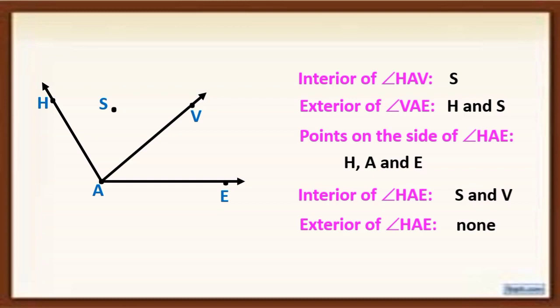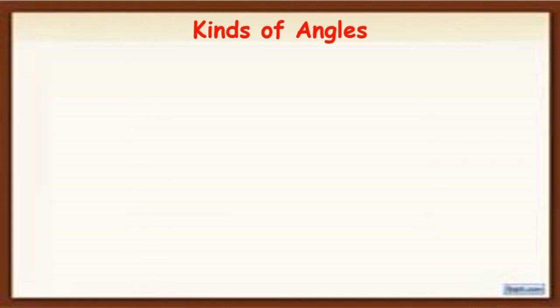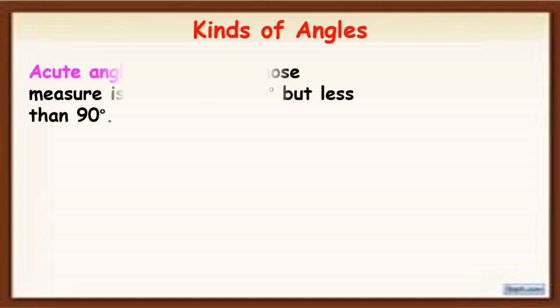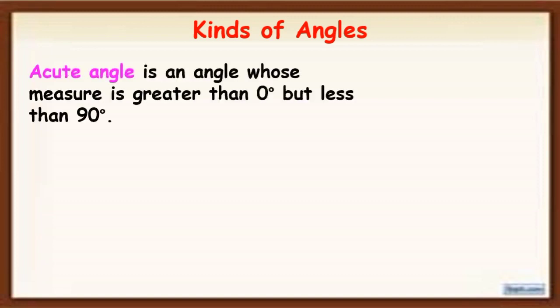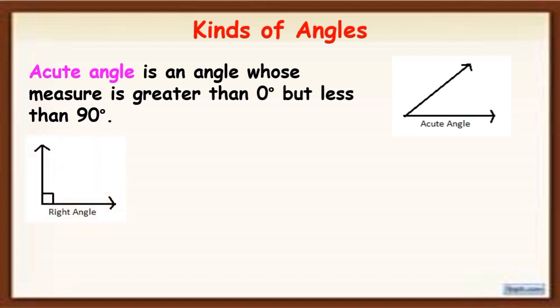Now, let's proceed to the kinds of an angle. An angle has three kinds. So, that is the acute angle. When we say acute angle, it is an angle whose measure is greater than 0 but less than 90 degrees. So, this one is an example of acute angle. Remember, when you say acute angle, yung measure niya is less than 90 degrees. And next, this angle is a right angle.